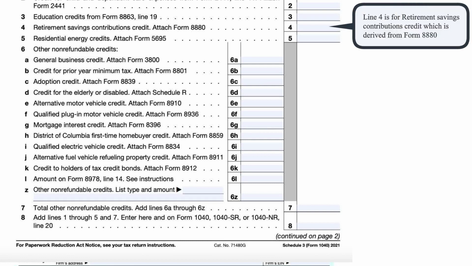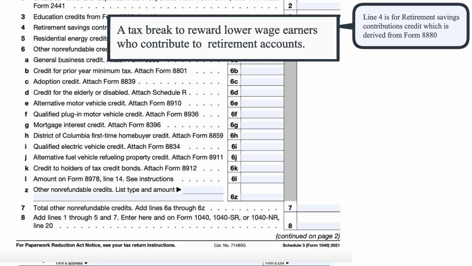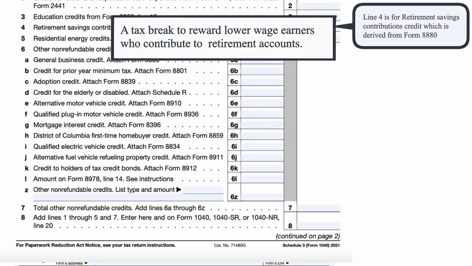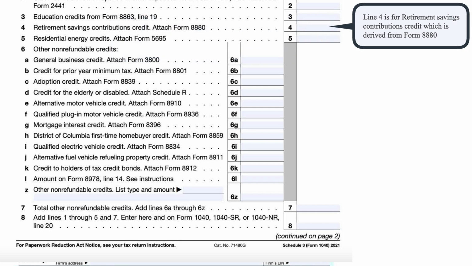Line 4 is for the Retirement Savings Contribution Credit. This is derived from Form 8880. The Retirement Savings Contribution Credit is a tax break designed to reward lower wage earners who contribute to retirement accounts.